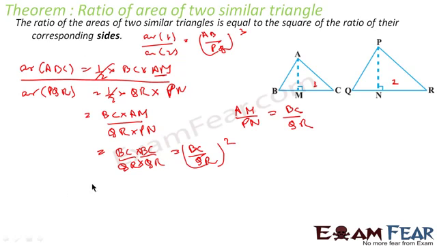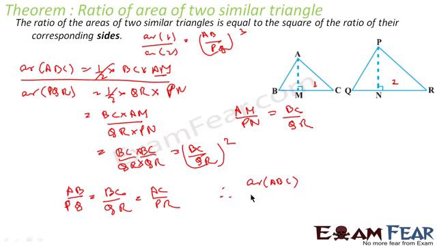Also, we know that if the triangles ABC and PQR are similar, AB by PQ will be equal to BC by QR will be equal to AC by PR, right? Sides are similar. Therefore, instead of BC by QR, you can say that area of ABC by area of triangle PQR is equal to, instead of BC by QR, I can write AB by PQ.